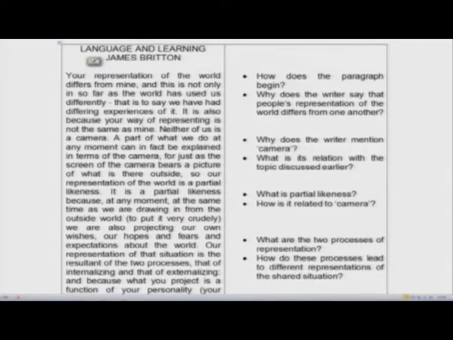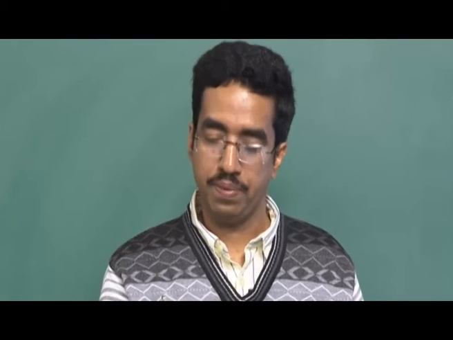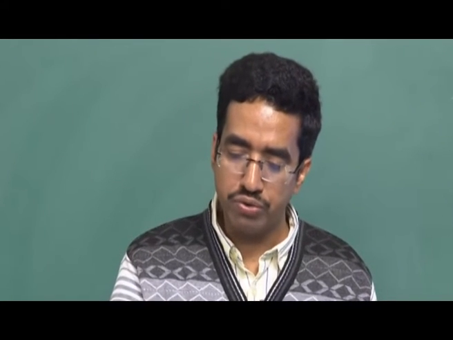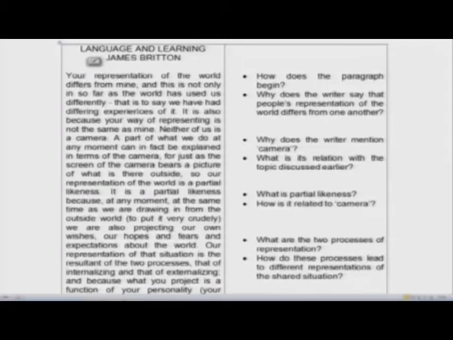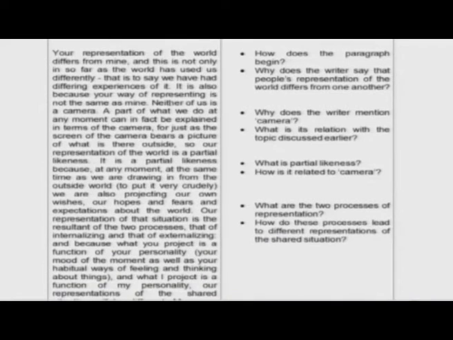Second, it is also because your way of representing is not the same as mine. So, this is point number 2. Our modes of representation, our methods of representation are not the same. Because of these two reasons, the writer makes a claim here that representations of the world are not the same. Okay.